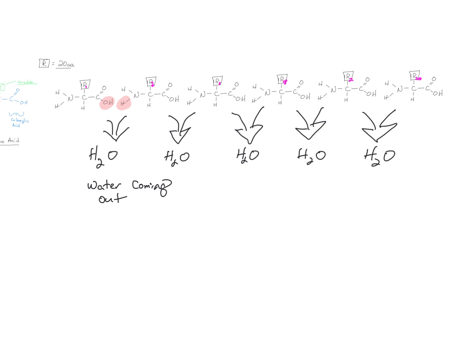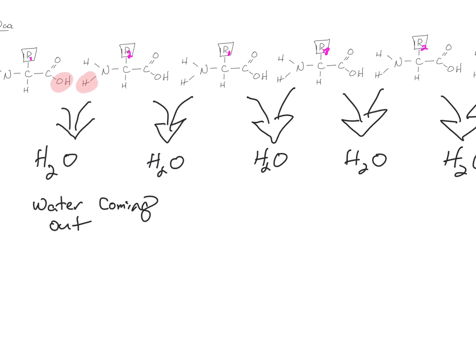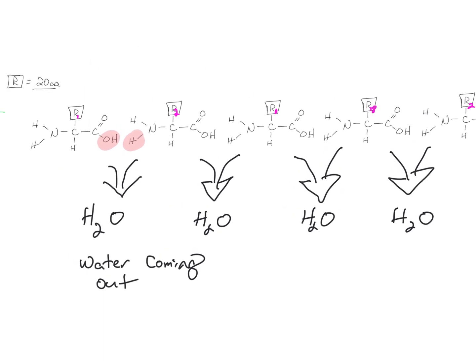Why? Because carbon can only make 4 bonds, so in order to make those bonds, you have to get rid of this bond to this oxygen, and nitrogen can only make 3, so you get rid of this bond to this hydrogen. That happens at every end.